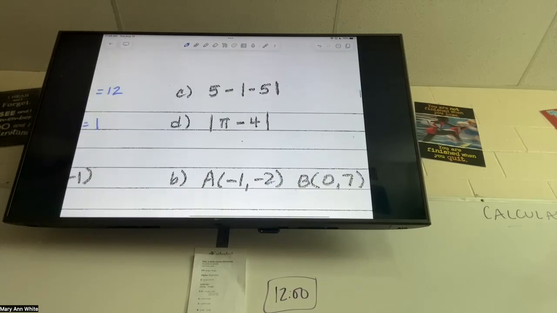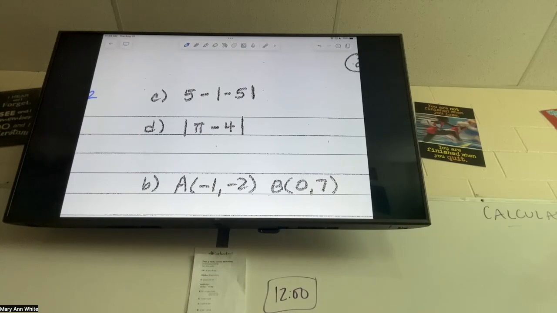All right, letter C. Absolute value of 5 minus absolute value of -5. What is going on there? Make that -5 positive. So I've got 5 minus 5, which is going to become 0. Very good. And then this last one, I don't often ask you guys to take pi and do something with it. Generally, I would say leave pi as pi, but for this, we'll just make it a decimal.